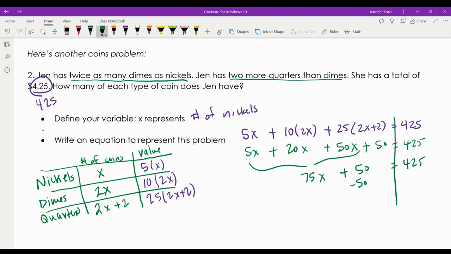Subtract 50. So 75x equals, I need a calculator. No, I don't. 375. Divide that by 75. 375 divided by 75 equals 5. x equals 5.